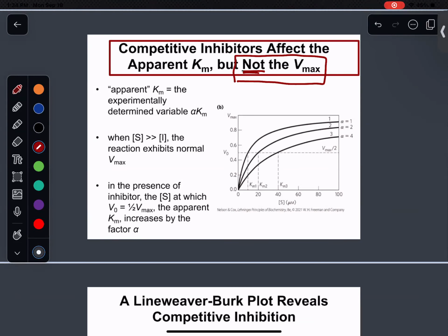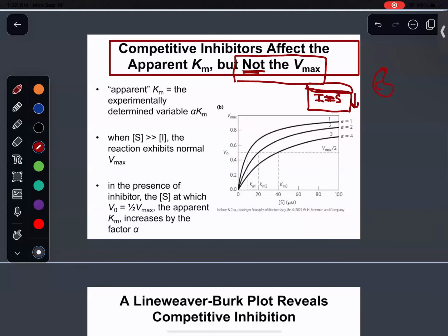So if I have little I and little s in a big tub, at this point the inhibitor and the substrate are in relatively equal levels, right? They're pretty much equal. And at that point, we will see a drop in Vmax.